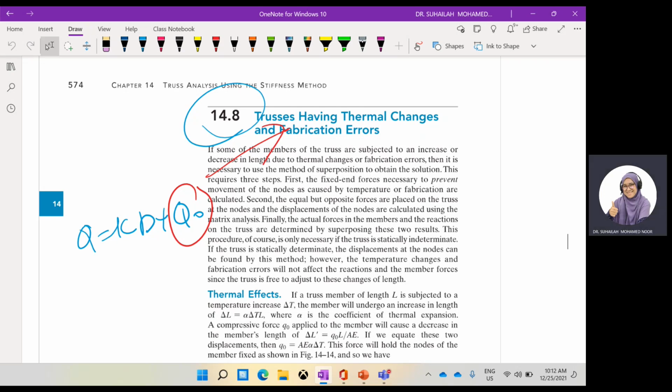All those effects mean that the member is subjected to loading, not the joint, because if the loading is subjected directly at nodes, it is Q.